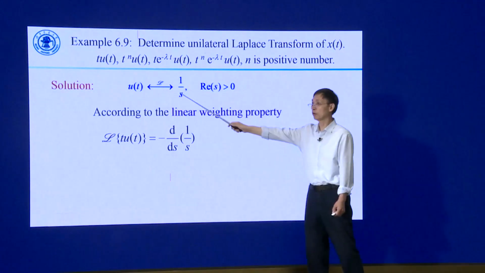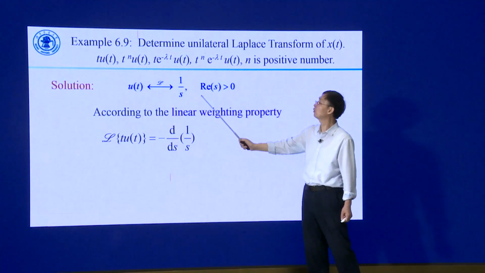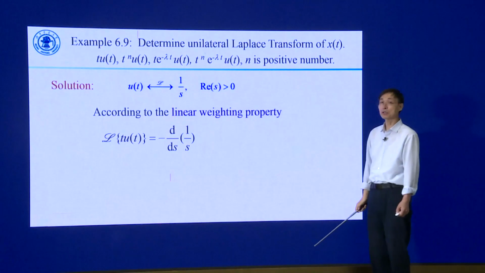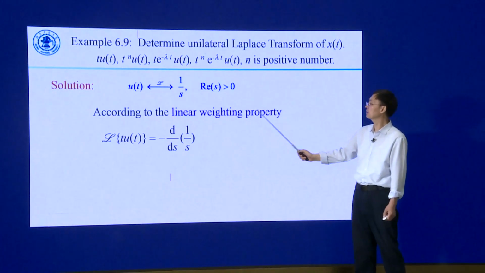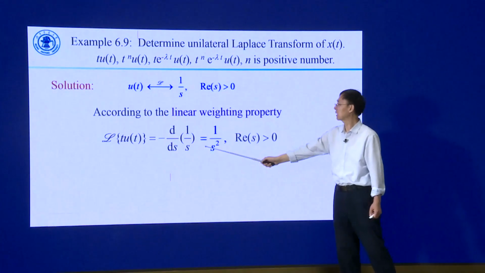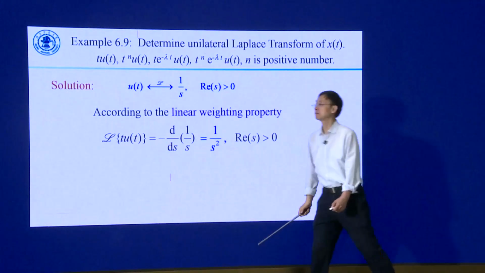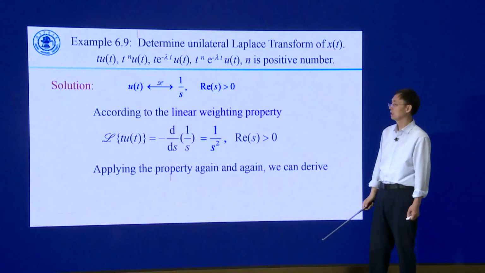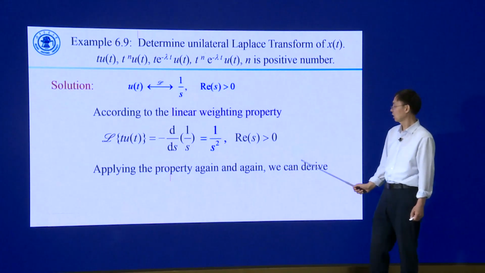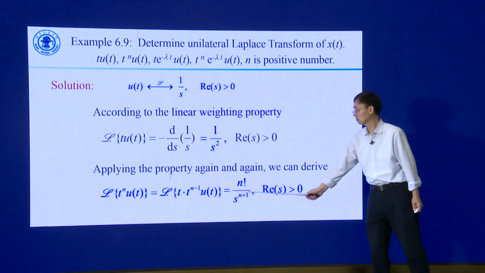We have known for the step signal, its unilateral Laplace transform is 1 over s. According to the linear weighting property, we can get the Laplace transform for ramp signal. Applying the property again and again, we can derive this result.